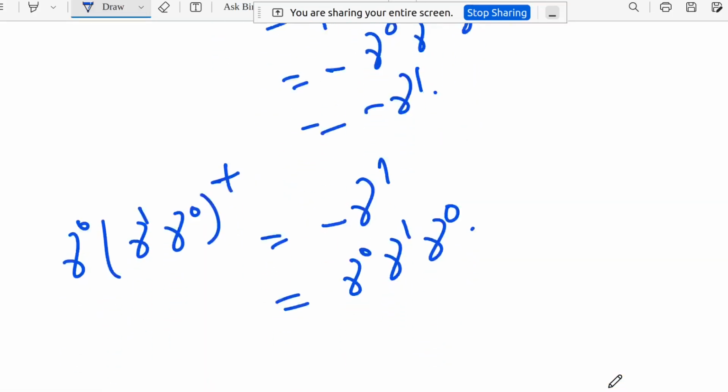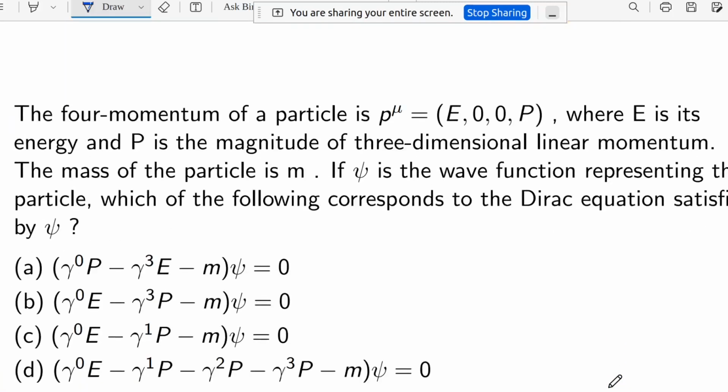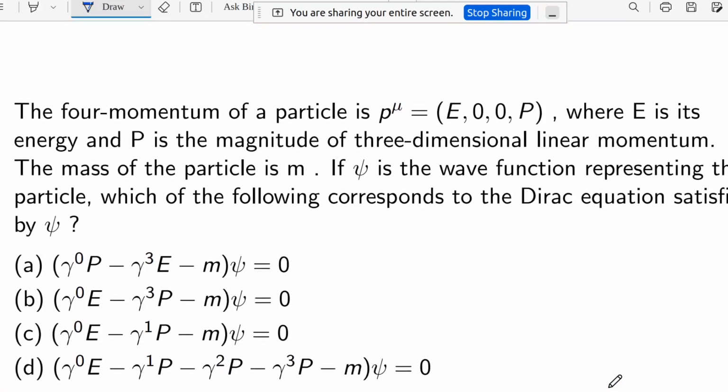Now coming to the last question of today's session. So this is the question. The four-momentum of a particle is P mu, which is E, 0, 0, P, where E is its energy and P is the magnitude of the three-dimensional linear momentum. The mass of the particle is m.